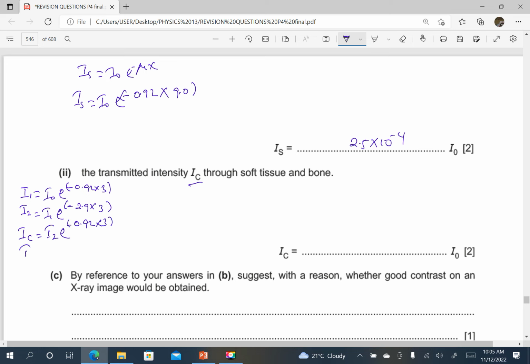So we now want IC in terms of I naught. So we do back substitution. Where there is I2, I put that one. Where there is I1, I put the first one. So you notice that this will be I naught e power negative 0.92 times 3, times e power negative 2.9 times 3, times e power again negative 0.92 times 3, just doing back substitution.